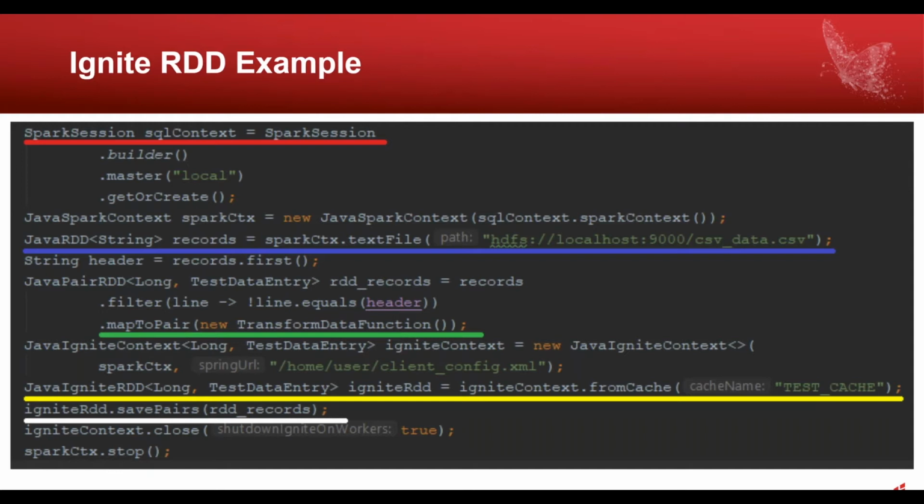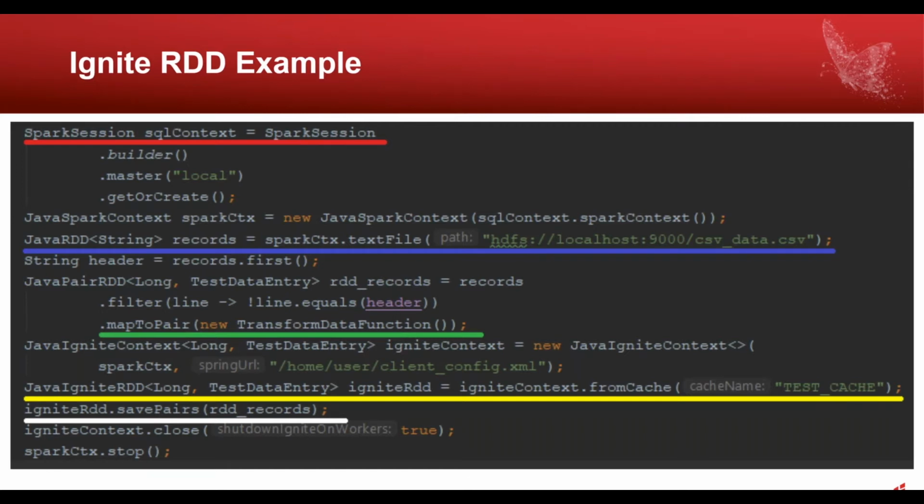We will take a look at this function a little bit later. And finally, using this JavaPairRDD collection, we can create an IgniteRDD collection that is based on the test cache in this case, and we can just store the pairs from the JavaPairRDD collection to this cache using the savePairs command.